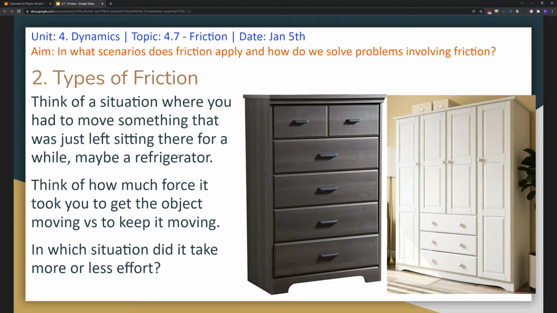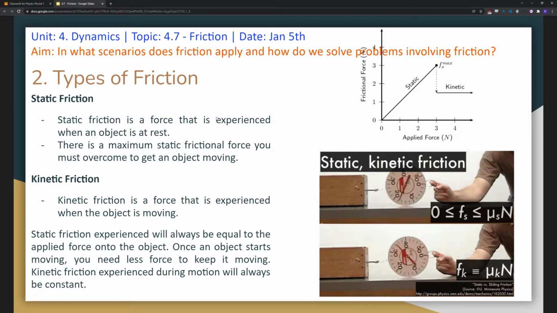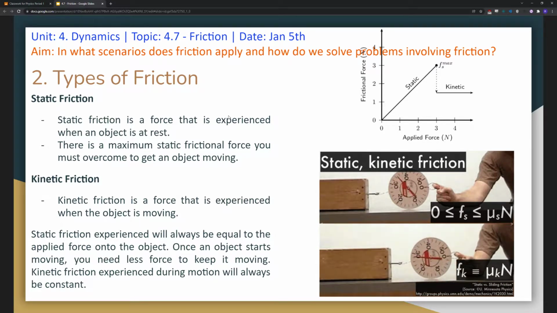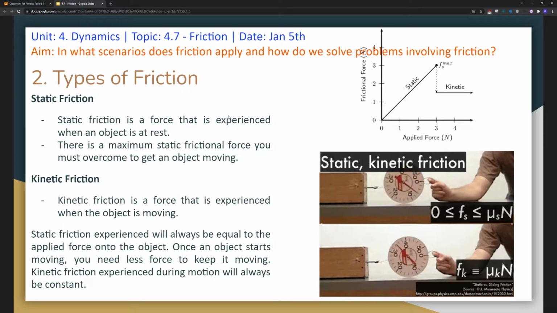Also in school, you experience this with tables. If you ever try to move a table or chair, you probably experience this. This is a real phenomenon. There are two types of friction: static friction and kinetic friction. So I'm gonna let you guys copy the notes here. This is very important.